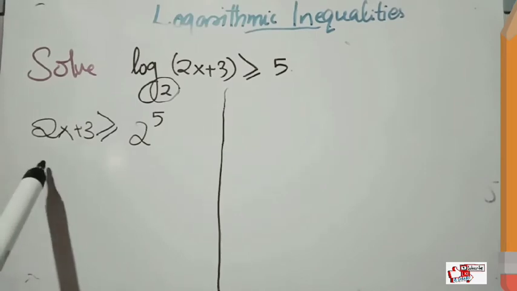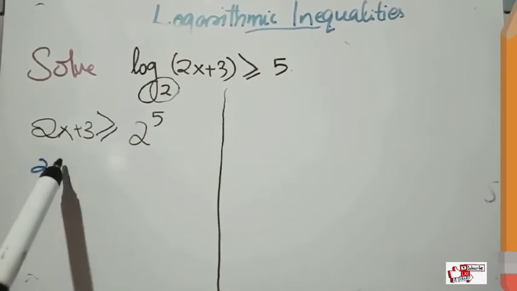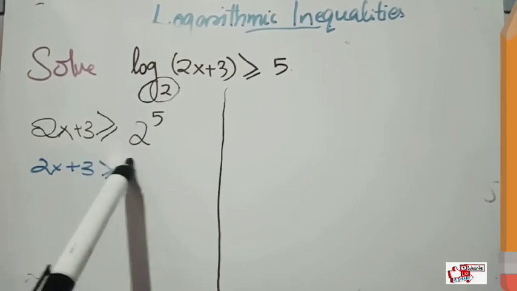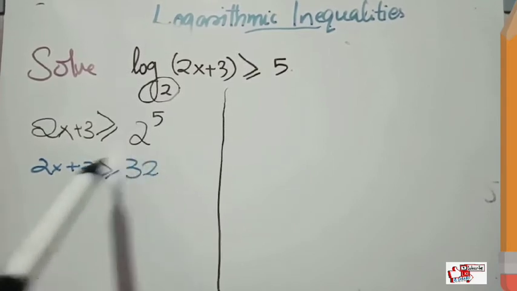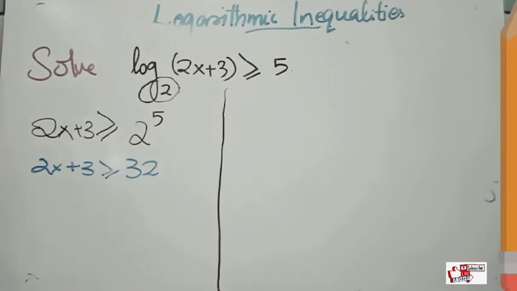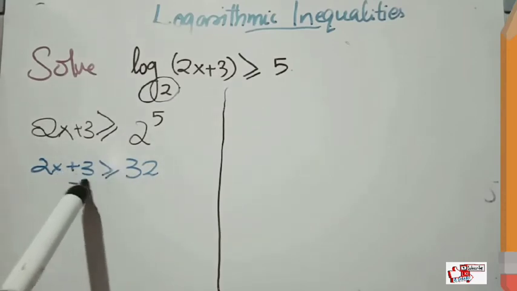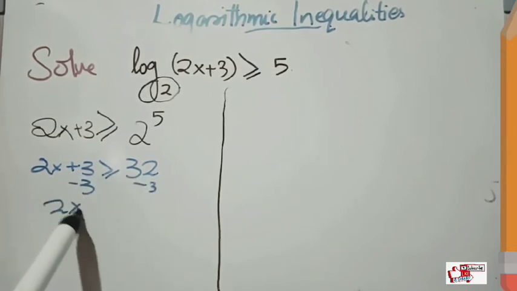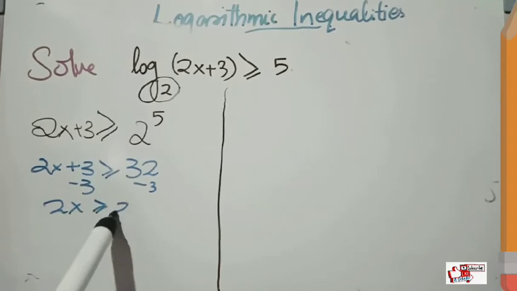That gives us the answer 2x plus 3 greater than or equal to 32. Now do the normal calculation. If you subtract 3 on both sides, we get 2x greater than or equal to 29.